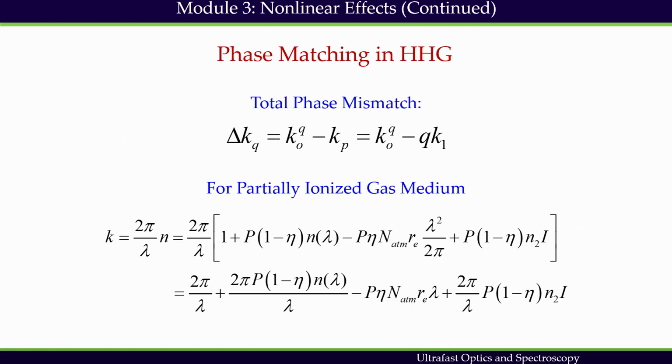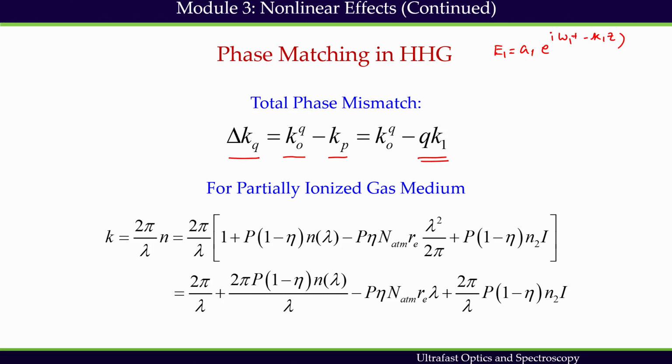The phase mismatch delta K, as mentioned before, for the qth harmonic, let's say, for the HHG process, can be written as delta K_q, qth harmonic, equals K naught_q minus Kp, which is nothing but qK1. K1 is the input beam. We have shown that it is related that way because the input beam we consider as A1 e to the power i(omega 1 t minus K1 z).